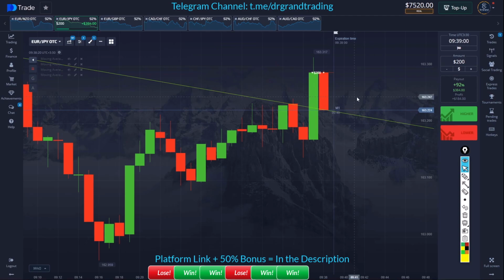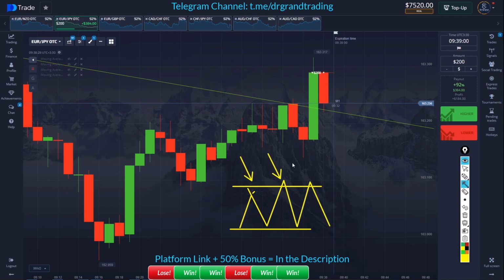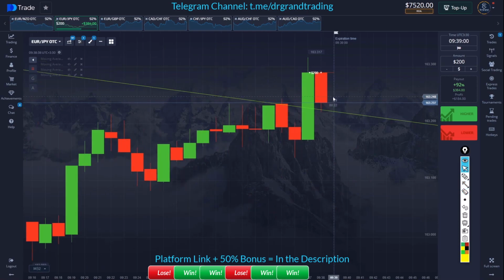The market is always waiting to have a fake breakout, especially if this area is very strong. Again, if this candle breaks this level, it's going to bounce back again.